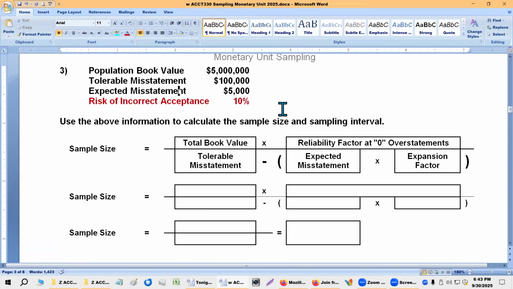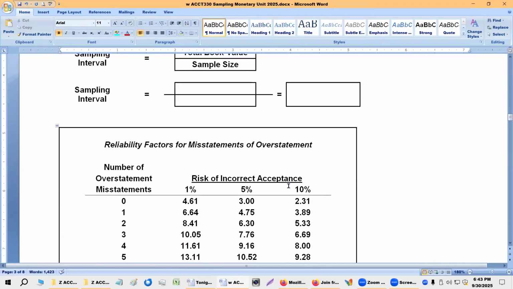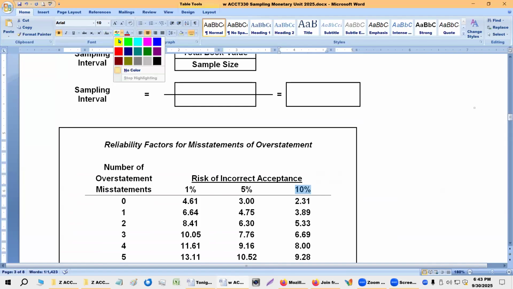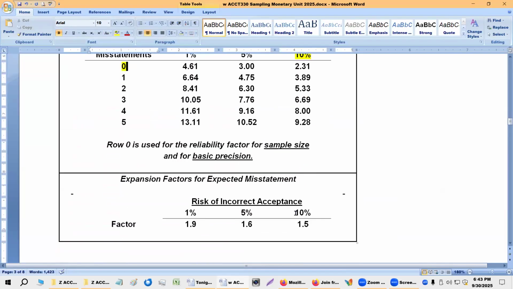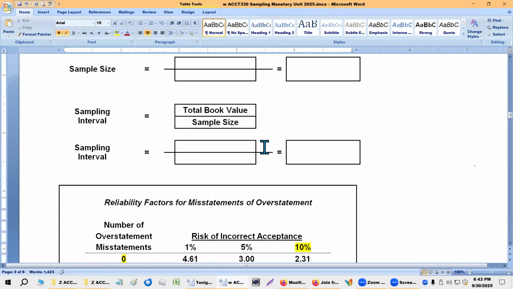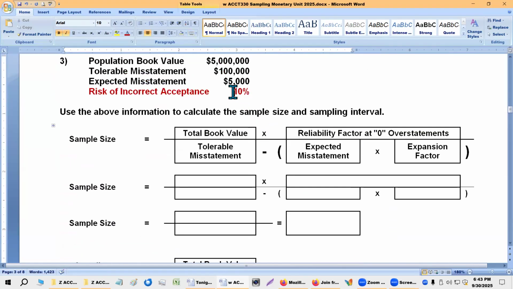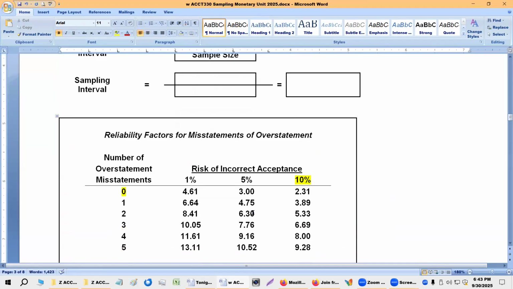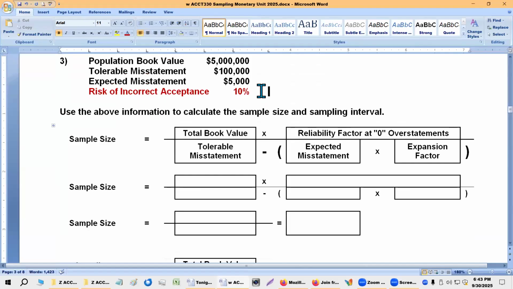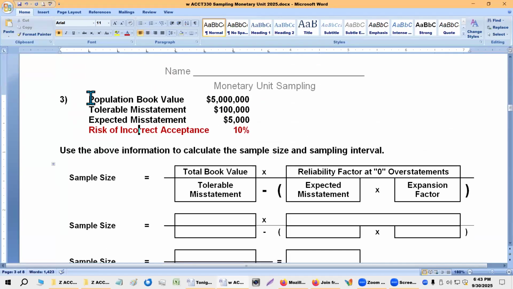So be careful with this, and when you come down here, we're going to use 10% for these. And by the way, this is a judgment call, do you use 1%, 5%, 10%? It's a judgment call. Sampling does not take judgment out. It just quantifies it. Okay.